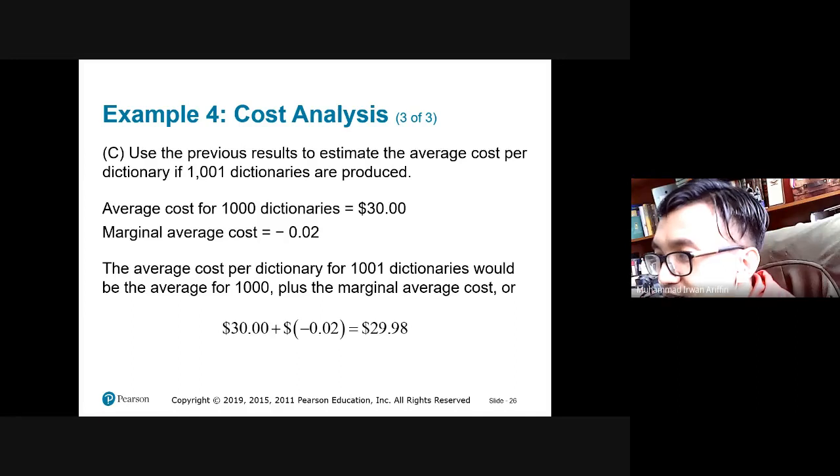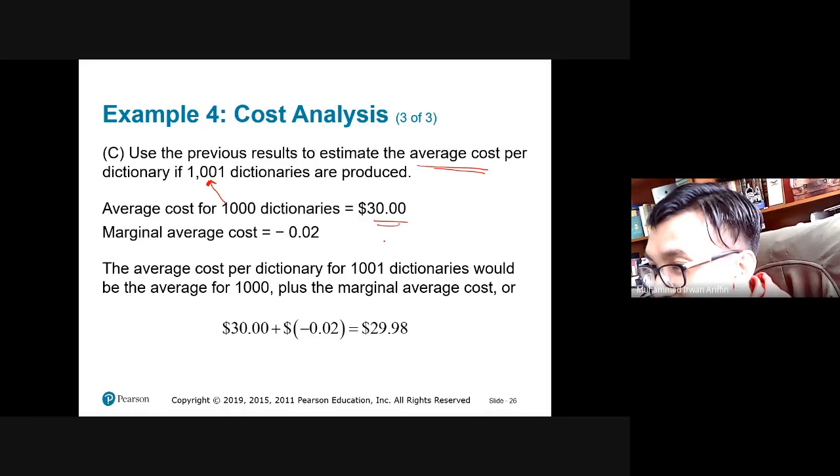So if we change our dictionaries from 1,000 to 1,001, we're going to have a new average cost, and logically it should be cheaper, because 1,001 is greater than 1,000. So if you add one more dictionary, your average cost would go down from $30 to 29.98.